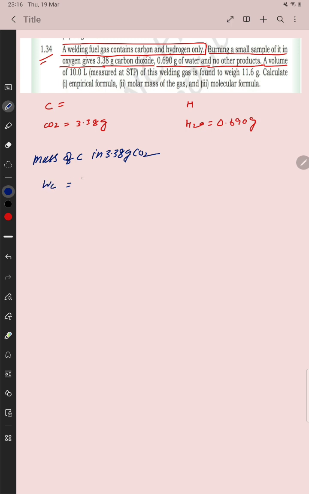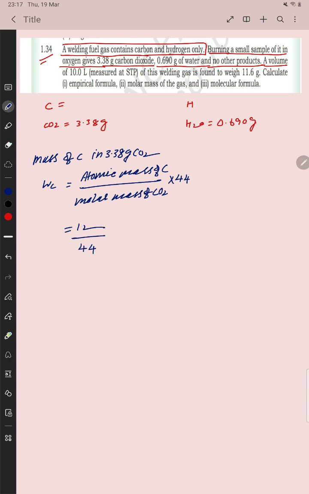Mass of carbon is equal to atomic mass of carbon upon molar mass of CO2, multiplied by the total mass. The atomic mass of carbon is 12, the molar mass of CO2 is 44, so multiply by 3.38 gram.